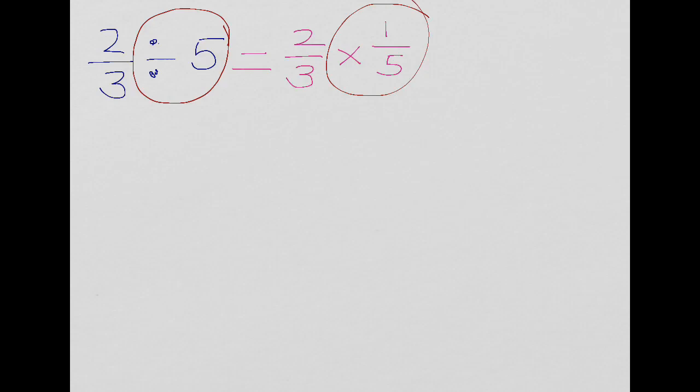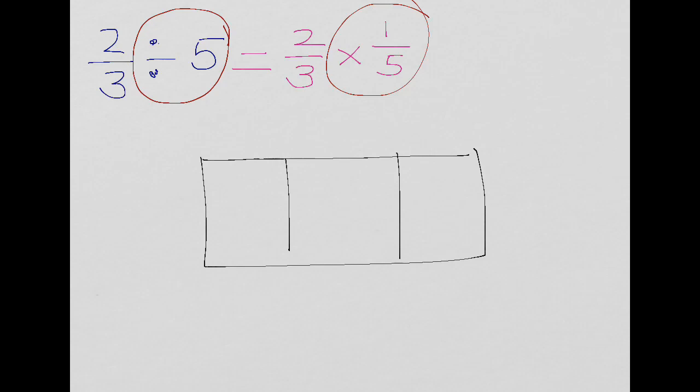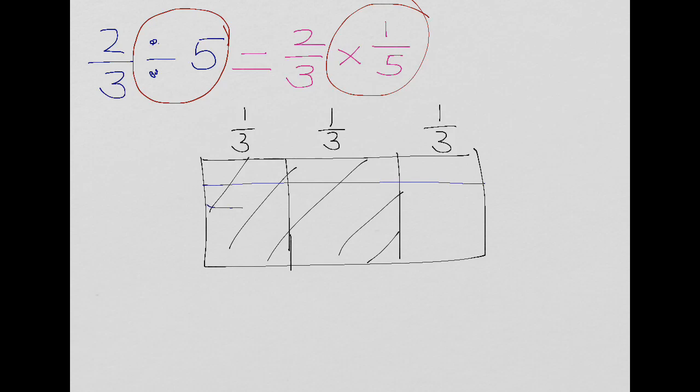So I'm just going to draw a diagram out to remind us about how to multiply fractions. Here's my diagram. 2/3. I deal with the 2/3 first of all, and 2/3 is this. Okay, and each of these is 1/3. So you can see clearly I've shaded in 2/3. Now I'm multiplying by 1/5, and to do this I then go across and divide this into fifths.